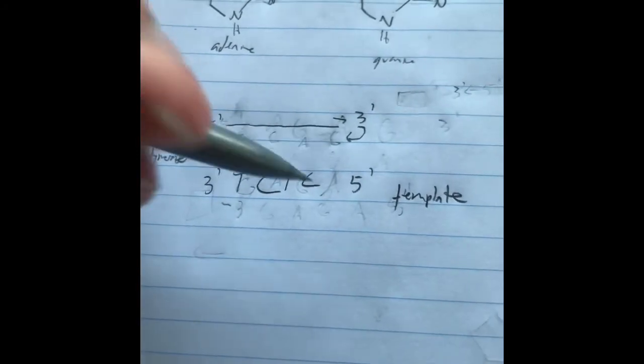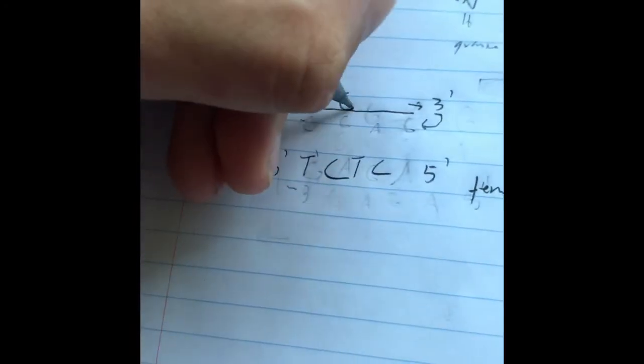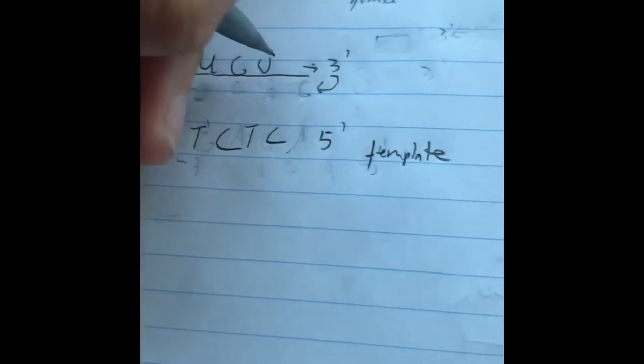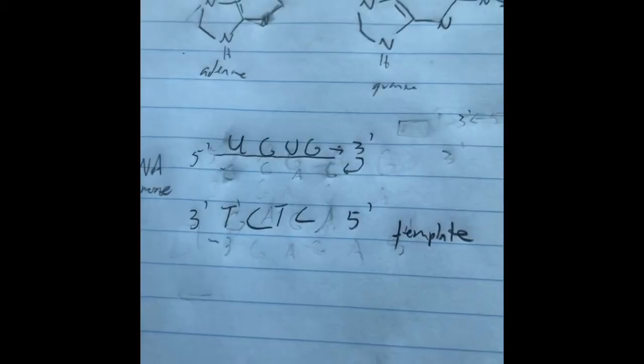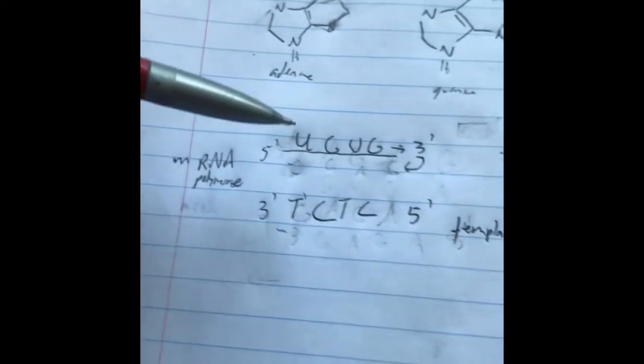Alright, so our mRNA is going to add 5' to 3' along this template strand. And funny thing about RNA is that instead of A, when it sees a T, it gives it a U. And C, classic, G, another U, and another G. So that's the direction it'll run.